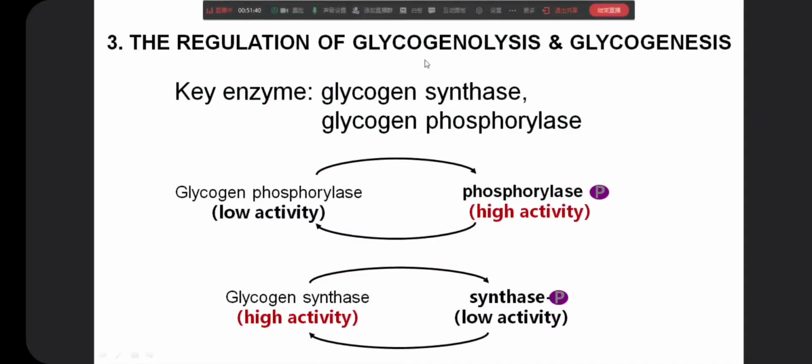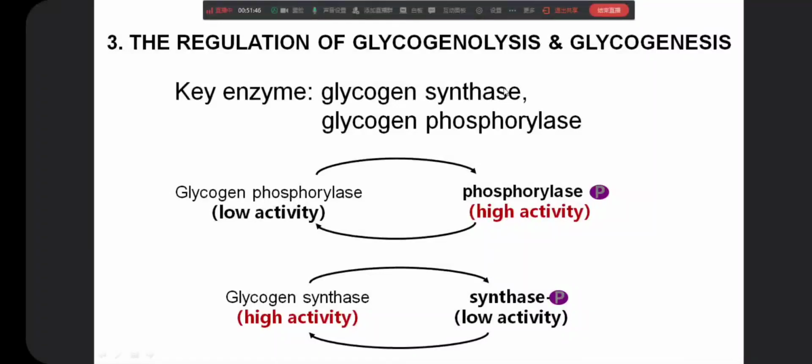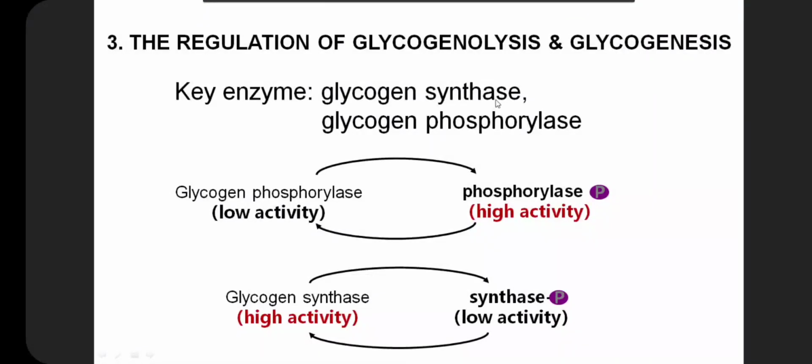So next, let's see the regulation of glycogenolysis and glycogenesis. There are two key enzymes involved in controlling glycogen metabolism. The first one is glycogen synthase, and the second one is glycogen phosphorylase. Glycogen synthase is involved in glycogenesis, right? And glycogen phosphorylase is involved in glycogenolysis.